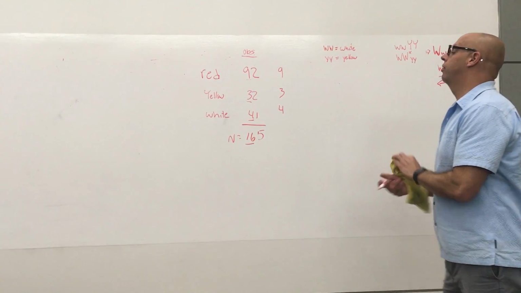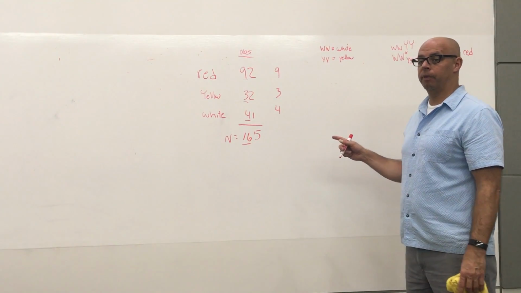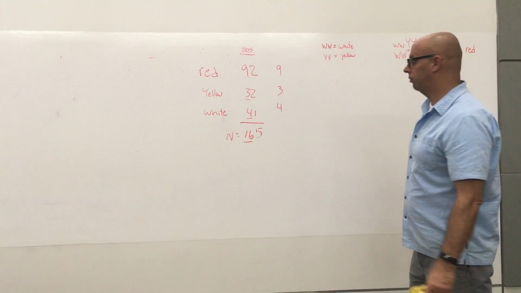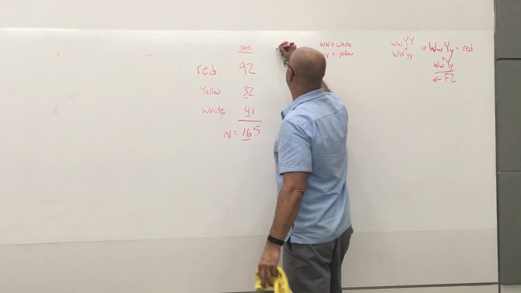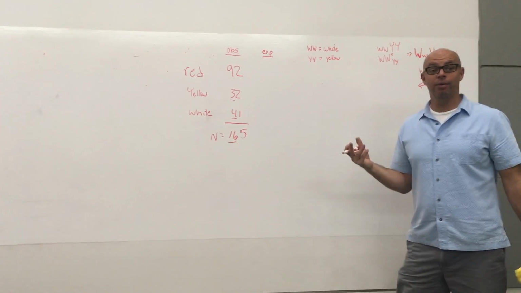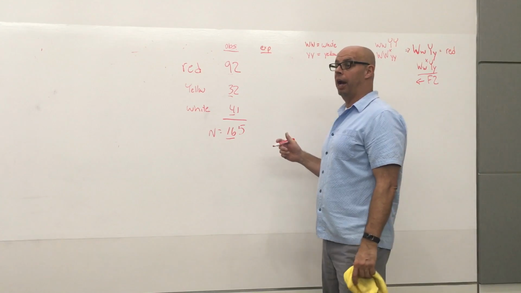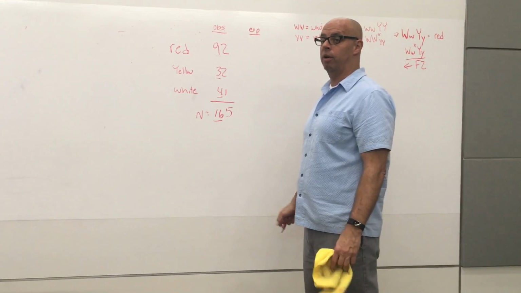So that indicates that epistasis may be going on. Could we test this? How could we test this? We could test it to see if our ratios are close enough, and that's what we're going to do in lab. How do we test observed versus expected? What statistical test do we do?